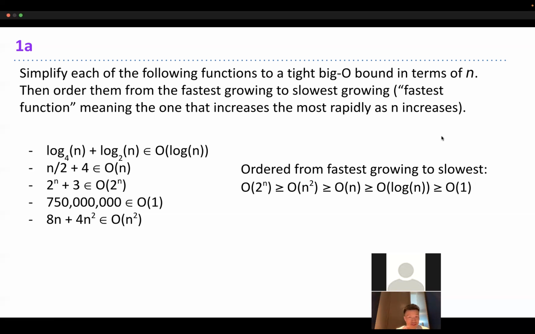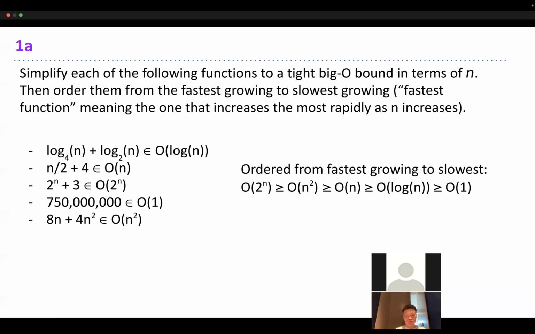Now, one thing that's super confusing is the word fastest in terms of runtime. When we say it's the fastest growing, it's actually going to be the slowest runtime, right? Because if something is fast growing, the number of iterations you will have to do increases really fast.